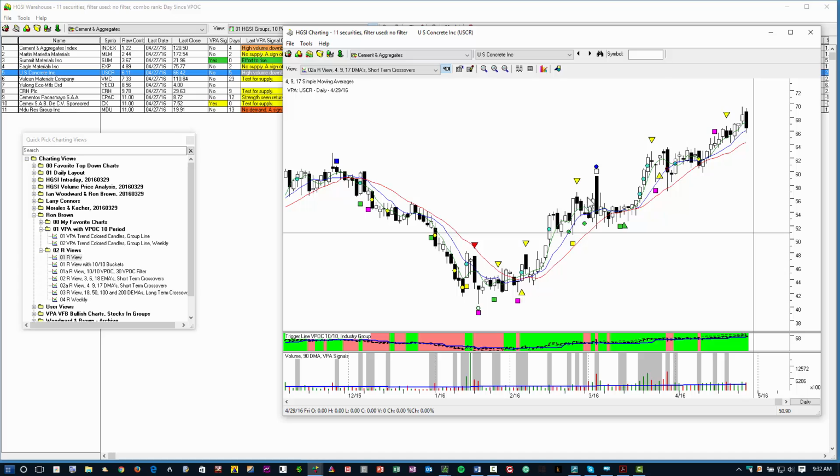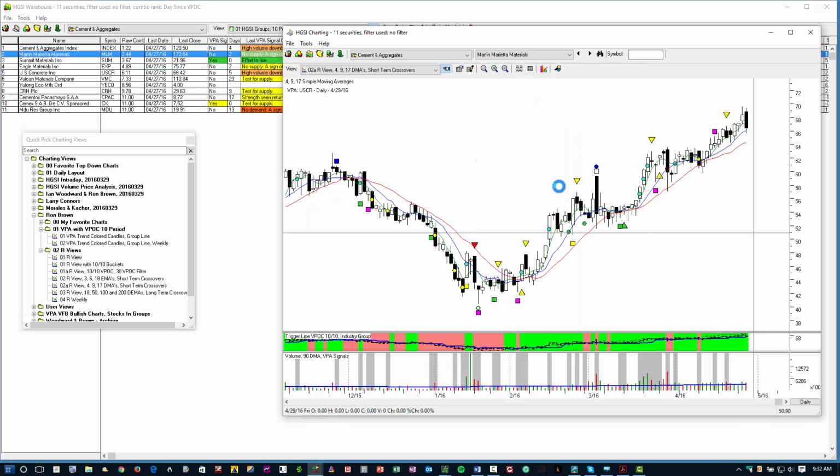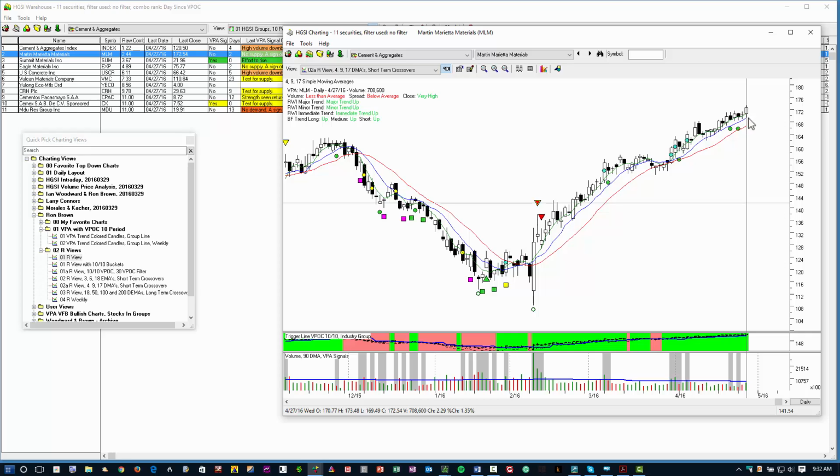This has been a beautiful stock, but I don't like it nearly as much because of the wide range bars, really in both directions. So compare that to Martin Marietta, which is a much tighter chart.